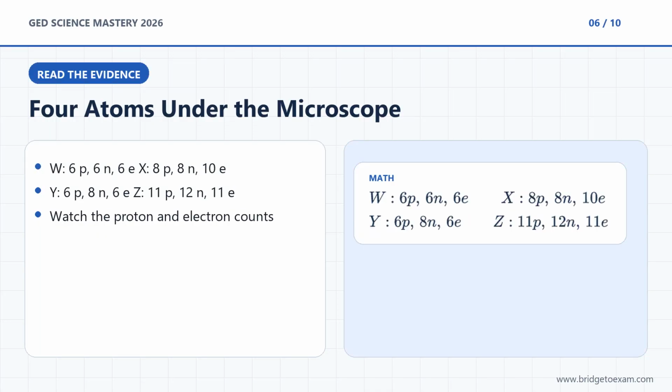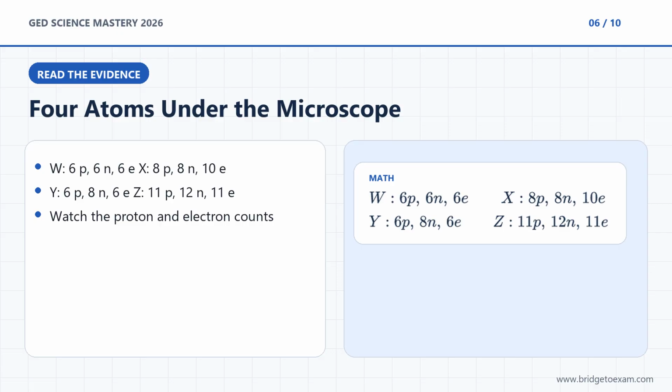Let's read a real GED-style table. A class recorded the particles in 4 atoms. Atom W has 6 protons, 6 neutrons, and 6 electrons. Atom X has 8 protons, 8 neutrons, but 10 electrons. Atom Y has 6 protons, 8 neutrons, and 6 electrons. And atom Z has 11 protons, 12 neutrons, and 11 electrons.